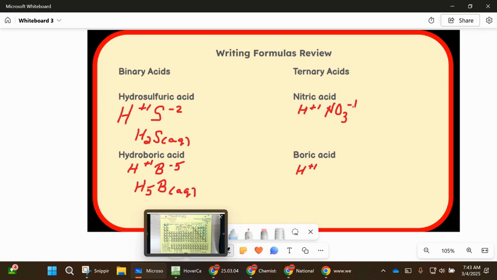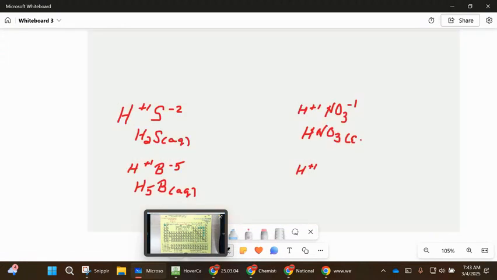But depending on the charge of the nonmetal or the polyatomic, that number does end up by your hydrogen. Okay? So, again, no reason to ever put parentheses on a polyatomic in an acid. So our formula becomes HNO3, and we put AQ after it.